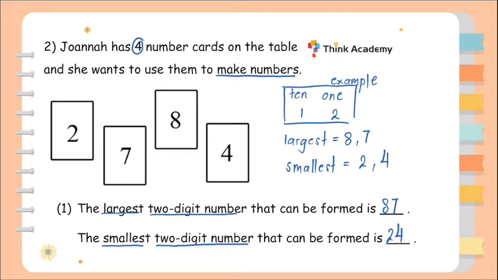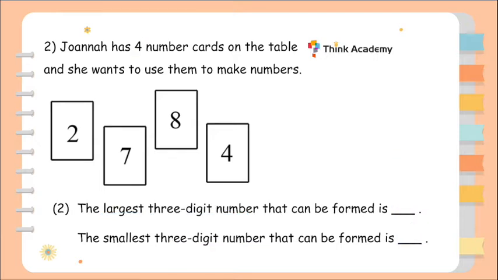But we're not done yet, because with our cards, now we're going to make the largest 3-digit number. How do we make a 3-digit number? Let me give you an example. We have something in the hundreds place, then the tens and the ones.